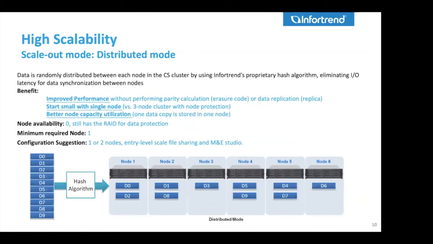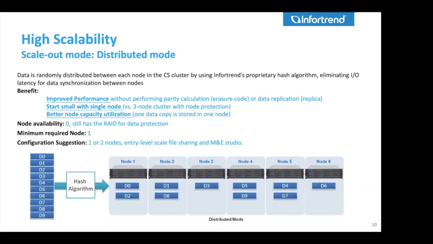Infortrend do have a second mode which allows you to start from only 1 node, and they call this distributed mode. This is where Infortrend's proprietary algorithms distribute the data between multiple nodes. It doesn't have the performance penalty, if you will, of calculating parity for erasure coding or data replication.